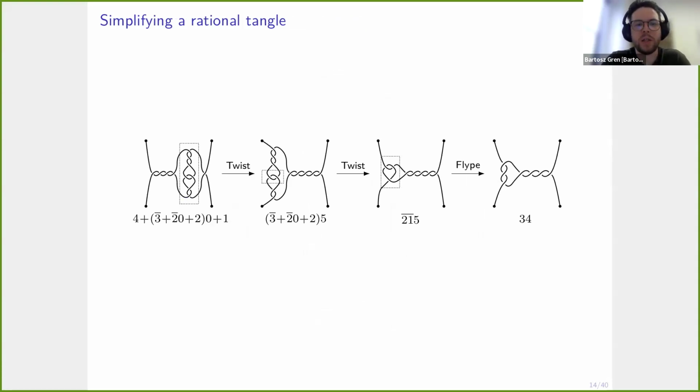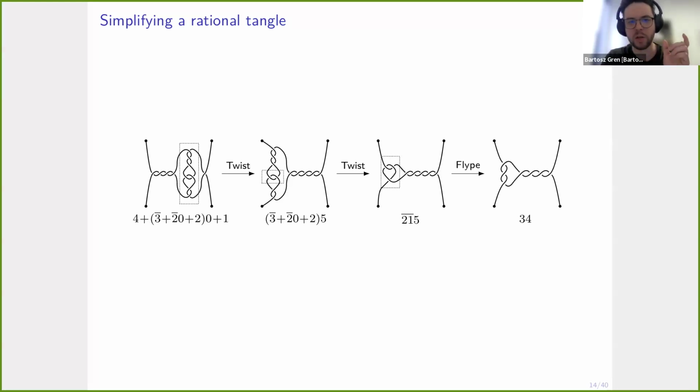When you look at the diagram on the left, I marked a rectangle. If you rotate this rectangle, no, I'm sorry, horizontally, then we can move the integral tangle on the left to the right.